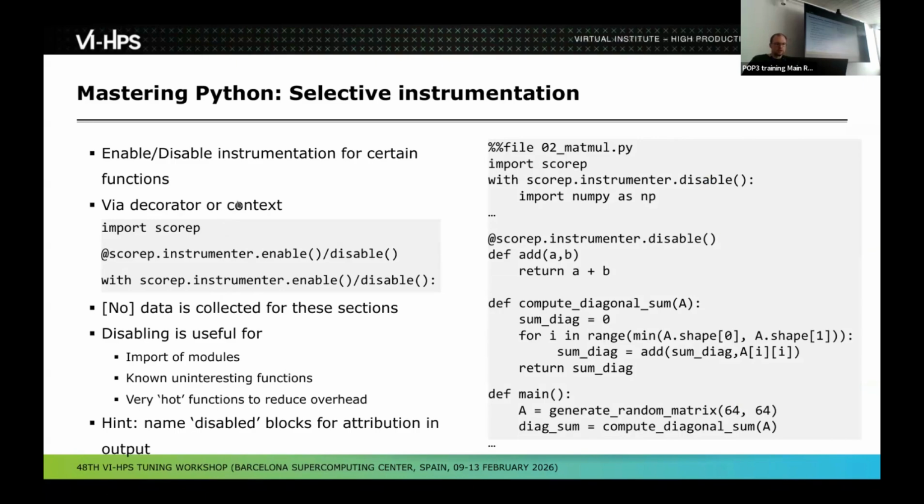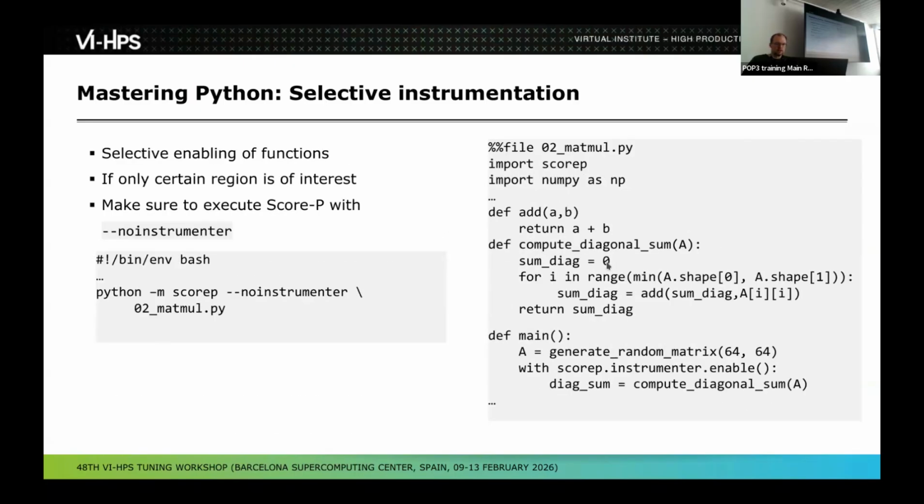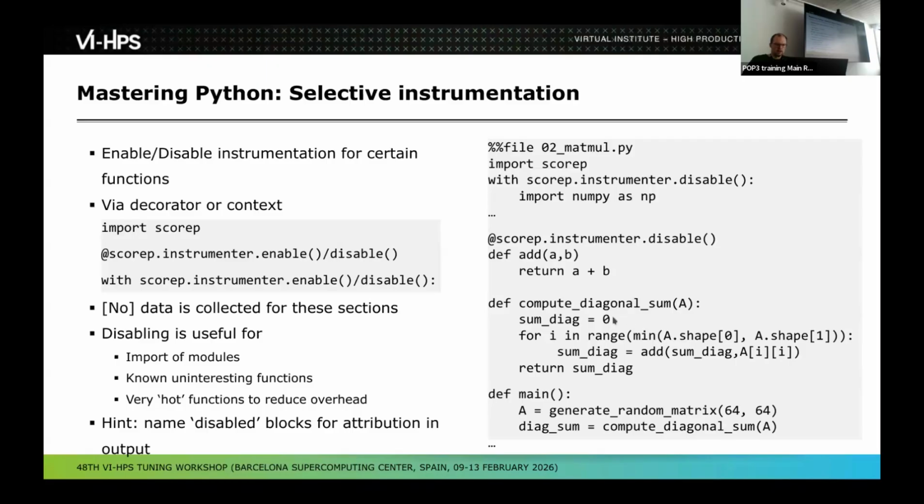An important part for Python, the same as for general user instrumentation, is being selective with instrumentation. You can use import Scorpy and then, via decorator or context, enable and disable the instrumenter. For example, if you have an initial phase you want to deactivate it for, and just for the actual algorithmic iteration phase you want to add the instrumentation.